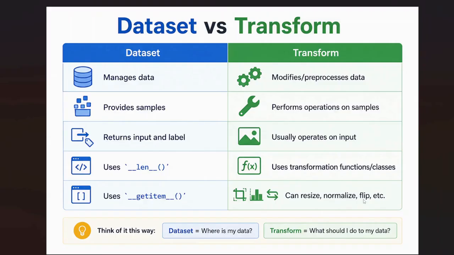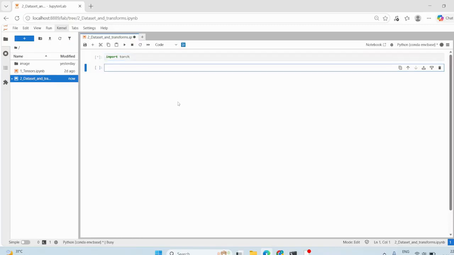Now let's see dataset and transform practically. For that, I will import my PyTorch library, import torch, and I will import a few things also. I will import Dataset from torch.utils.data.